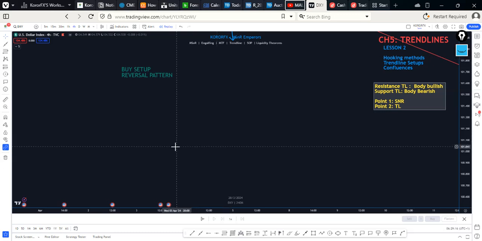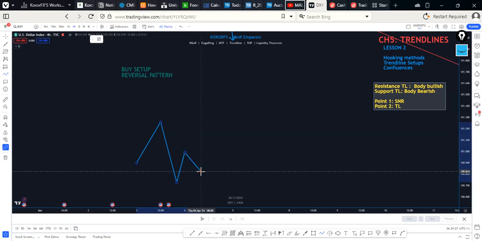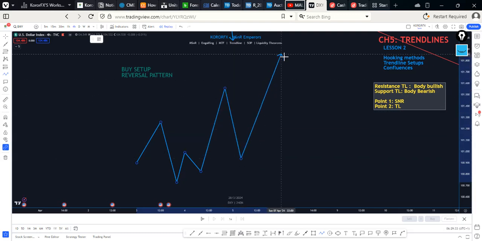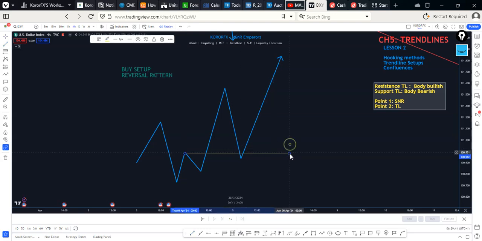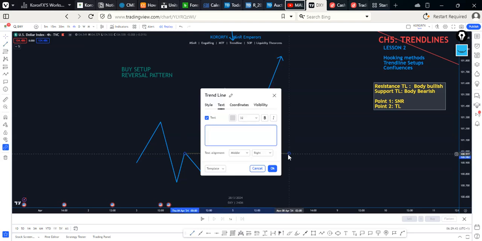For example, price pushes up and then comes down, and then creates a structure, then breaks this structure higher, and then comes back and buys off. That's what happens. So we got the internal structure, which will give us the SNR. So this is the SNR.